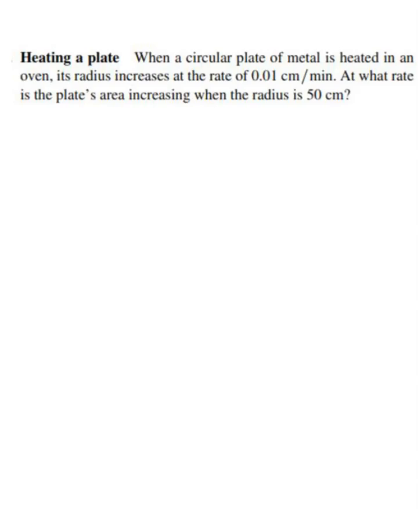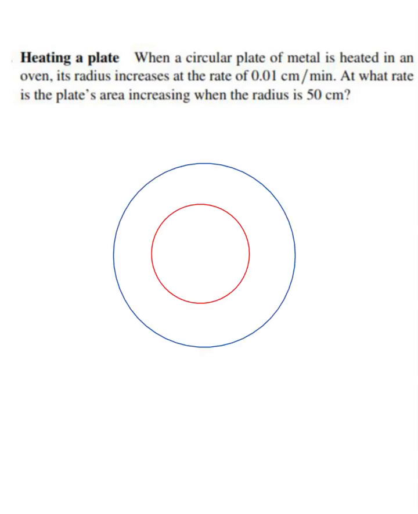So then at least we get the idea of what we're trying to draw here. What I did here was to draw two concentric circles, basically. The red circle is the actual circular plate of metal. And this, when heated, expands and becomes the blue plate.